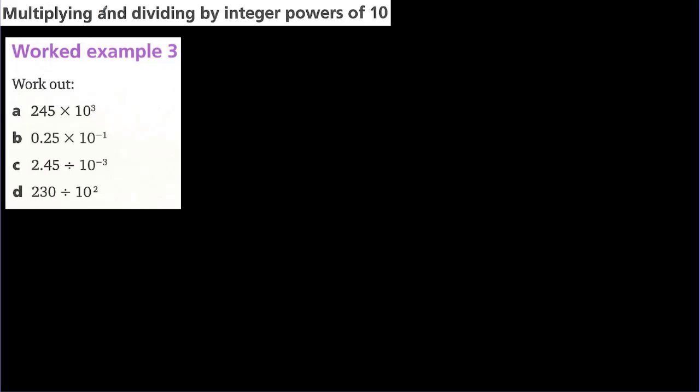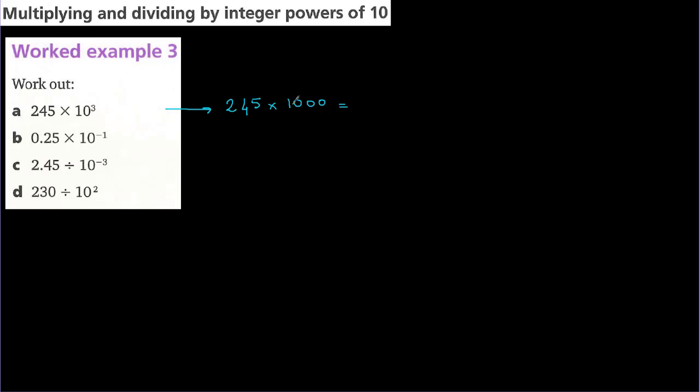Here, we are going to multiply and divide by the integer powers of 10. When you multiply the number by 10 to the power of 3, you know how to find that one. So instead of 245 times 10 to the power of 3, instead of 10 to the power of 3, you are going to write 10 with 3 zeros.